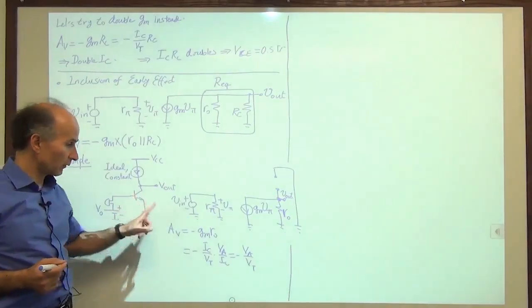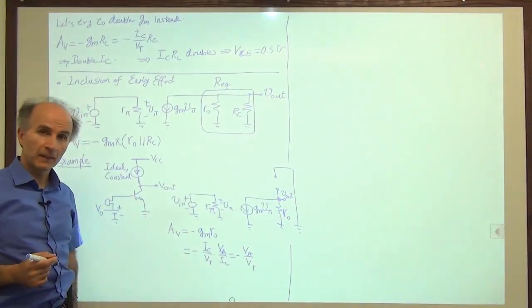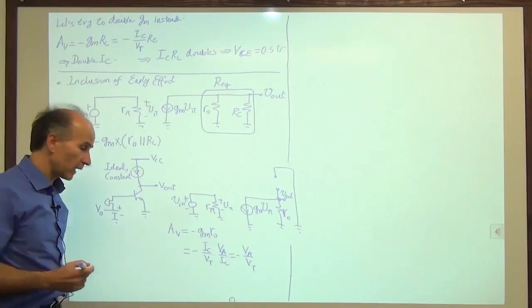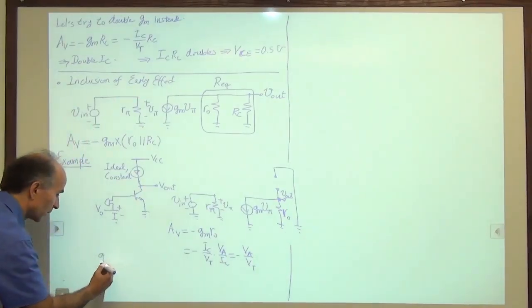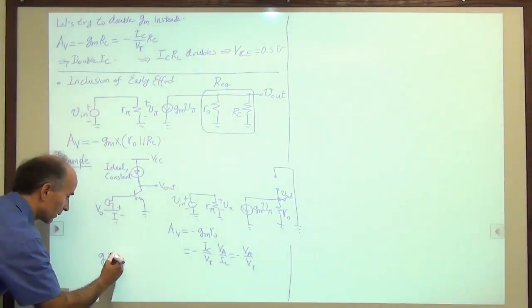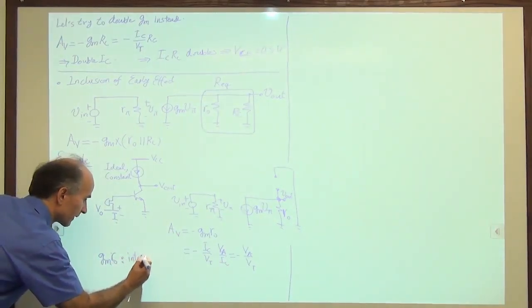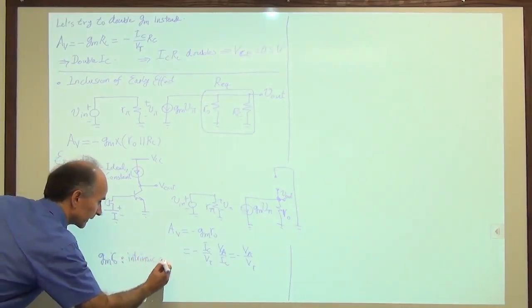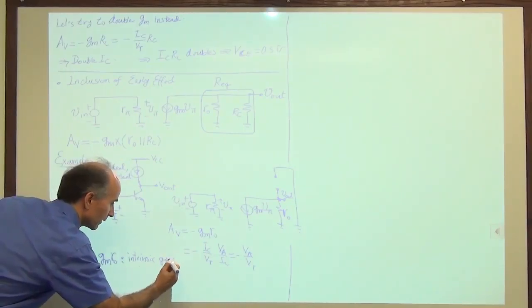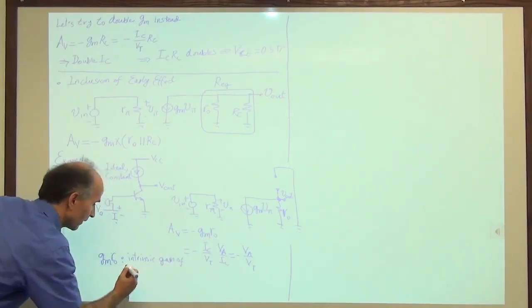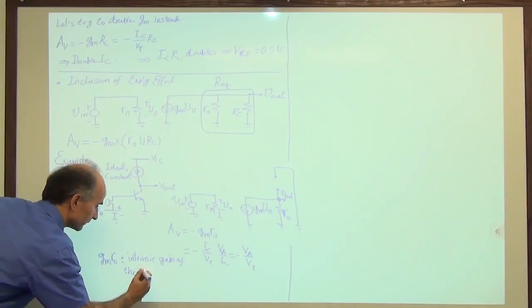One transistor cannot provide more gain than this. So this has a particular name, we call GMRO the intrinsic gain of the transistor.